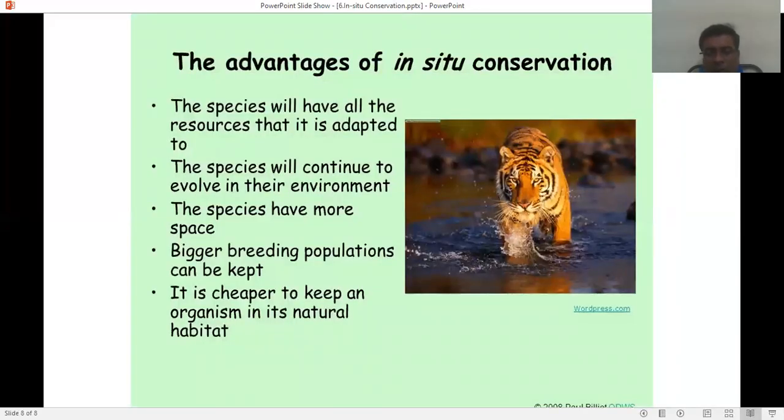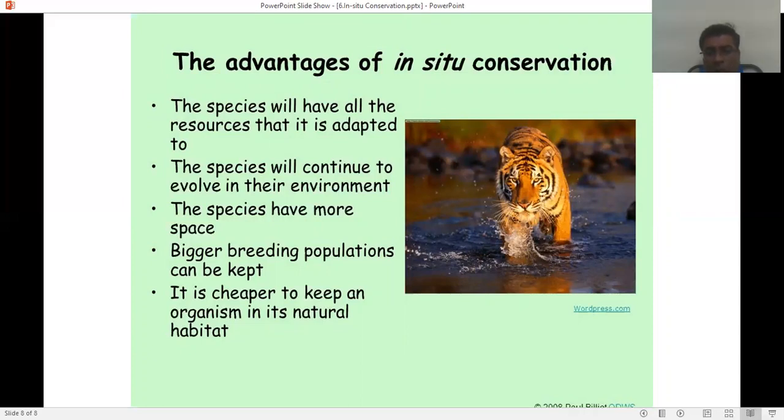There are some advantages in the in situ conservation. The species will have all the resources to which it is adapted. All the resources are available. Water is available, food is available in their home environment. So the species will continue to evolve in their environment. They are not transferred from one area to another area.